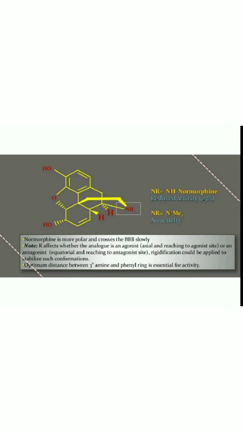Normorphine is more polar and does not cross the blood-brain barrier. The R effect with the analog is an antagonist, and rigidification could be applied to stabilize such a conformation. The optimum distance between the third degree amine and the phenyl ring is very essential for the overall activity.